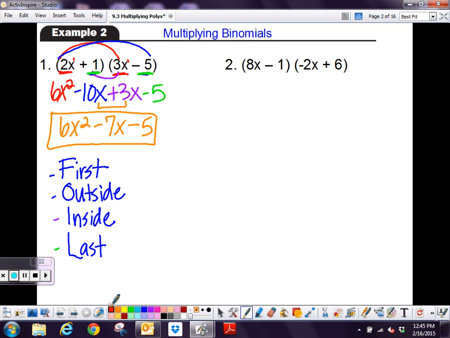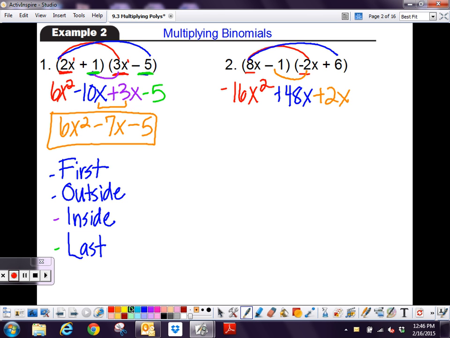Okay, number 2, I'm going to do the first. So that's 8x times the negative 2x. That's a negative 16x squared. I'm going to do the outside, which is 8x times 6. So that's 48x. I'm going to do the inside, which is negative 1 times the negative 2x, which is plus 2x.